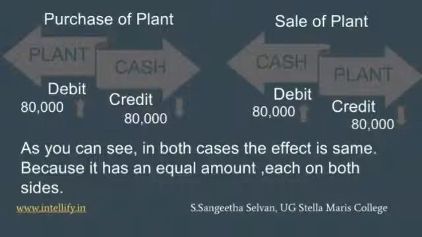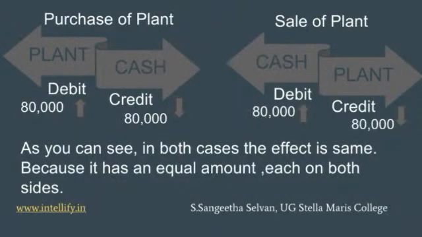At the same time, the credit side cash will decrease because you are paying cash. But if you treat it as sale of plant, then cash will increase on the debit side because you are receiving cash. At the same time, plant account will be reduced by 80,000 because plant is moving out of your concern.